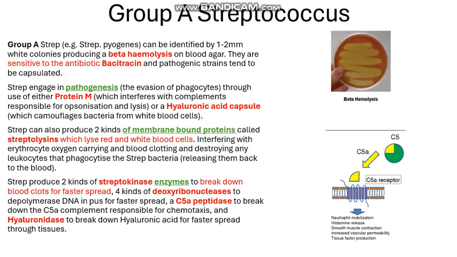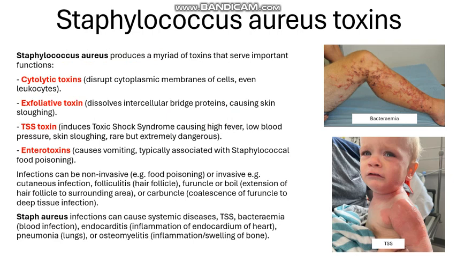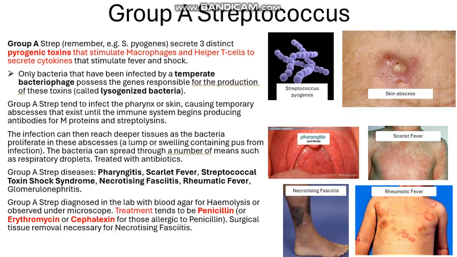And then once these phagocytes that have engulfed these streptolysin-bearing streptococci are lysed and destroyed, the strep will have proliferated and will be released back into the blood and then infect more cells, and that's where you get your problems like bacteremia.